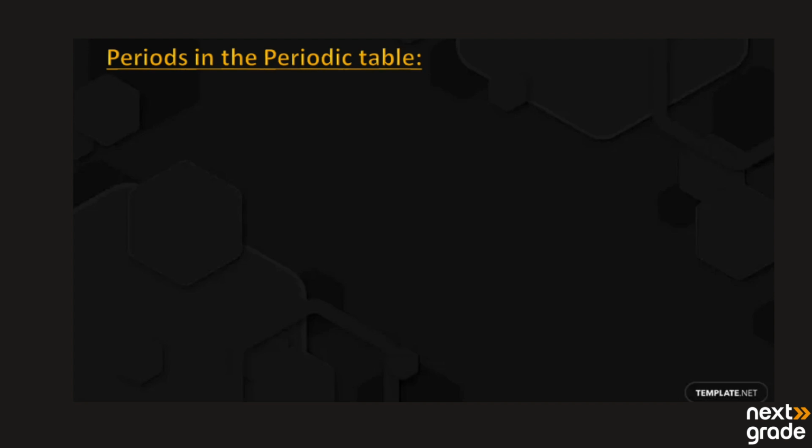Now, periods in the periodic table. What do we mean by periods? These are the horizontal rows of elements in the periodic table.